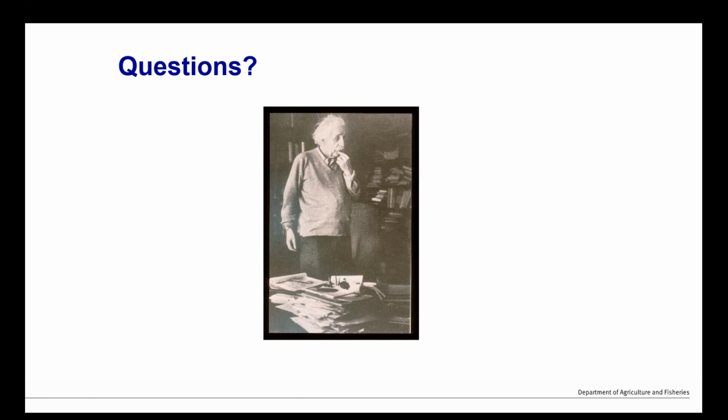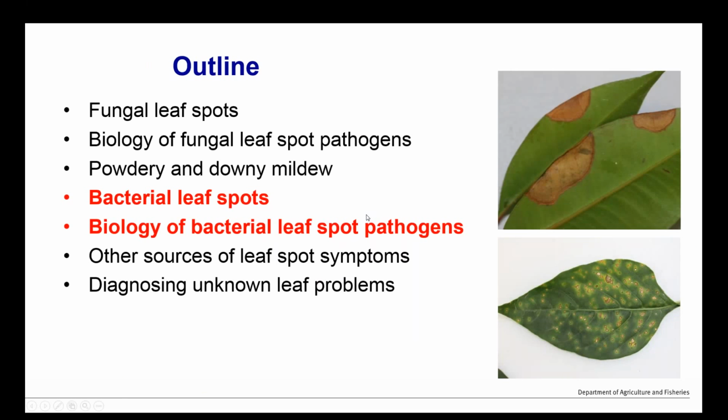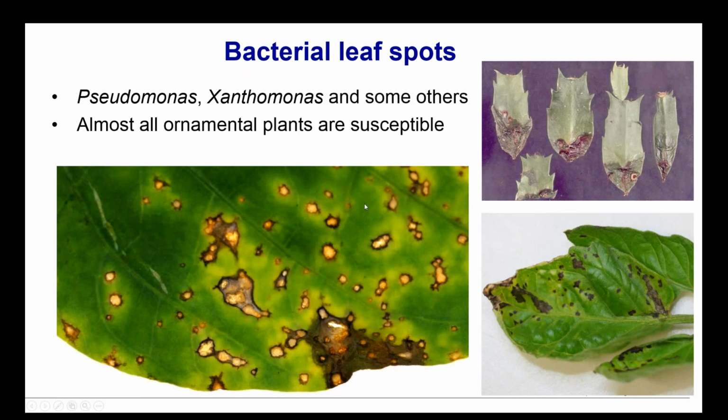All right. We will move on to bacterial leaf spots. Bacterial leaf spots and fungal leaf spots can be quite tricky to distinguish from each other at times. Bacterial leaf spots tend to be more angular compared to fungal leaf spots, but not always.